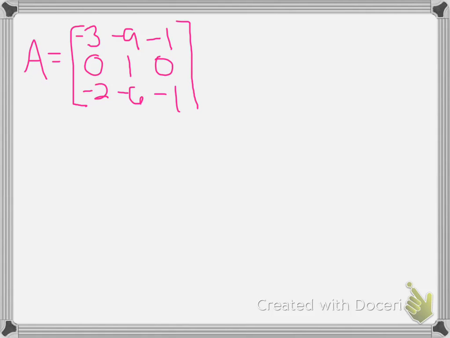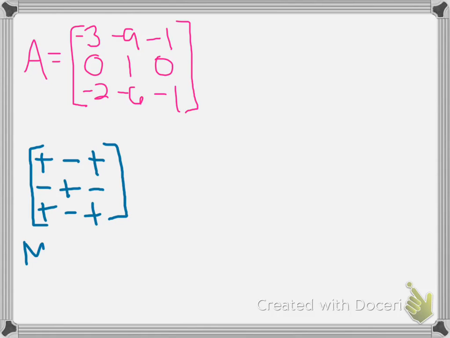Okay, so now that we have that, we can put it into our matrix of cofactors, which follows this rule. Let's put in a different color. Positive, negative, positive, negative, positive, negative, positive, negative, positive.